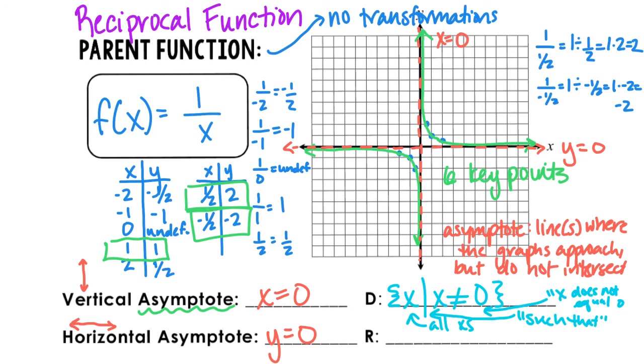The range would be all y values except for 0, because that's where our asymptote is. So we would say all y values such that y does not equal 0. And that's our domain and range for the reciprocal function. And notice that the vertical asymptote and the horizontal asymptote directly correlate with the domain and the range. 0, 0, 0, 0.